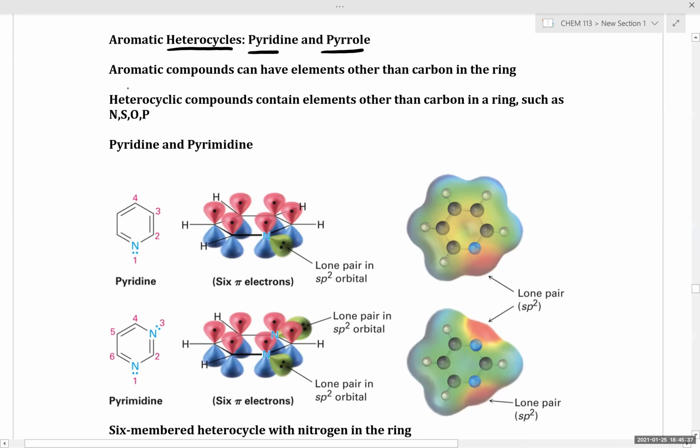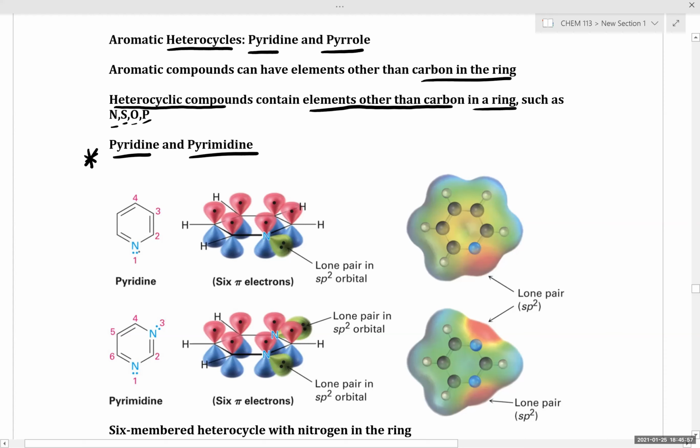Aromatic compounds can have elements other than carbon in the ring. Heterocyclic compounds contain elements other than carbon in a ring, such as nitrogen, sulfur, oxygen, and phosphorus. The first heterocyclic system that we'll talk about is pyridine and pyrimidine.